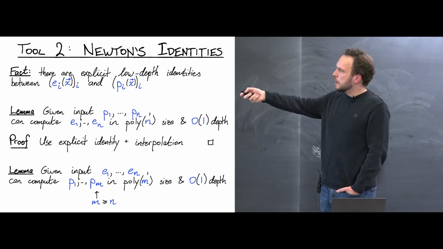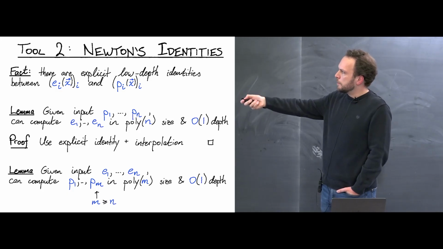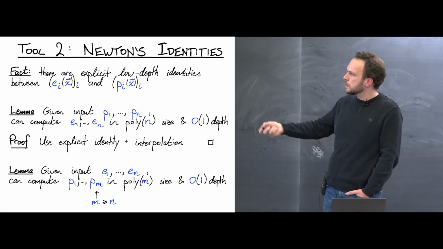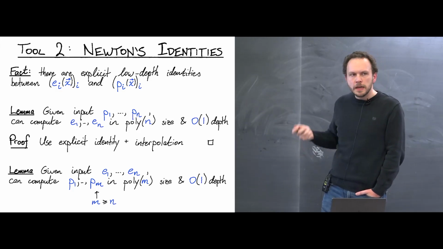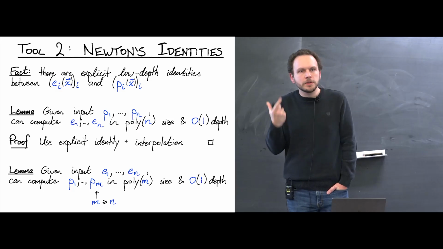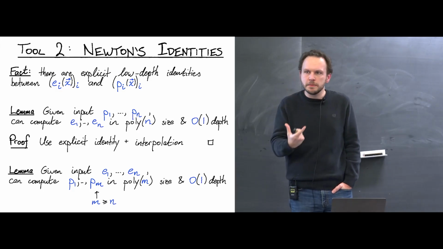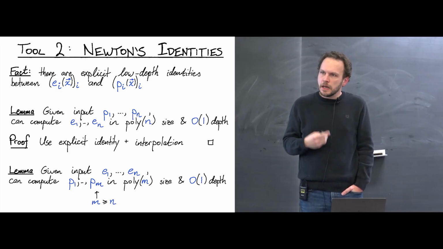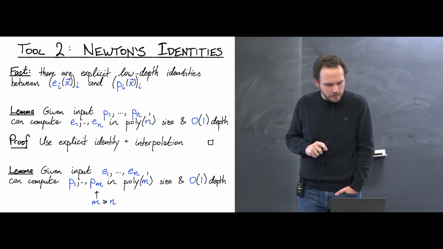If I have an algebraic circuit taking as input the power sums at some set of points, then with a circuit of polynomial size and constant depth, I get the elementary symmetric functions evaluated at the same set of points. And the proof of this just uses these explicit identities and polynomial interpolation.